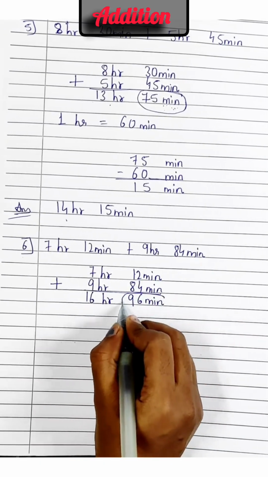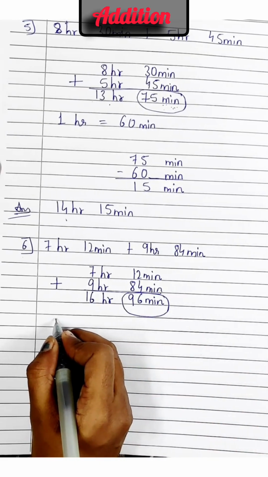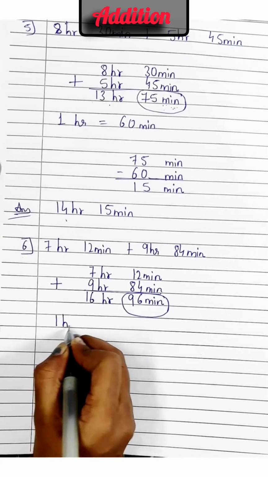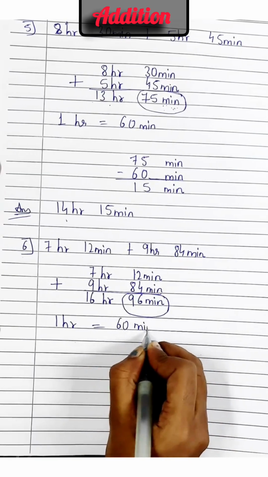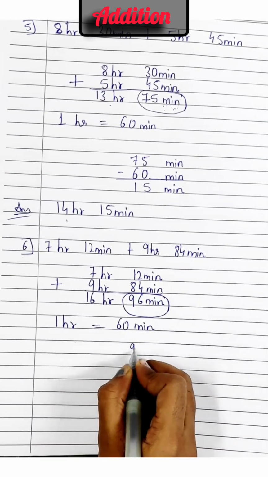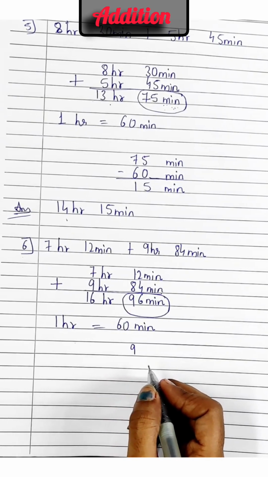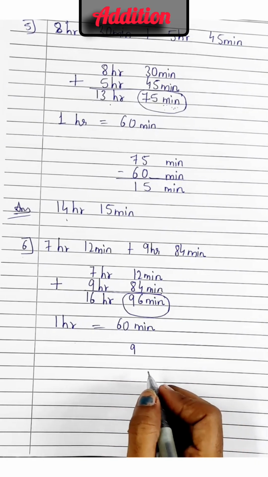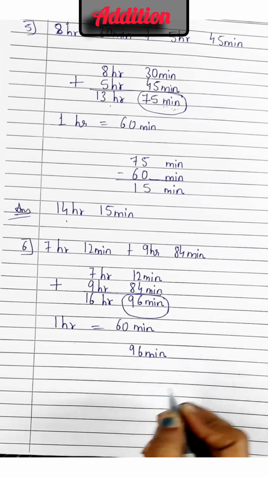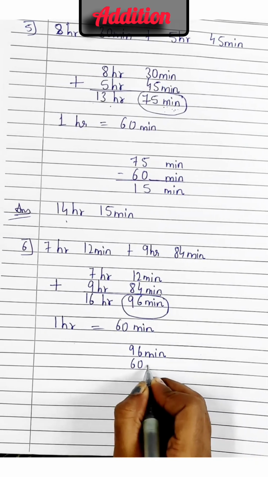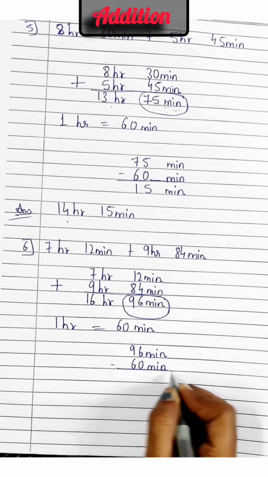Again, this is crossing your 60 minutes. And we know 1 hour is equals to 60 minutes. Therefore, we have to subtract 96 minutes from 60.